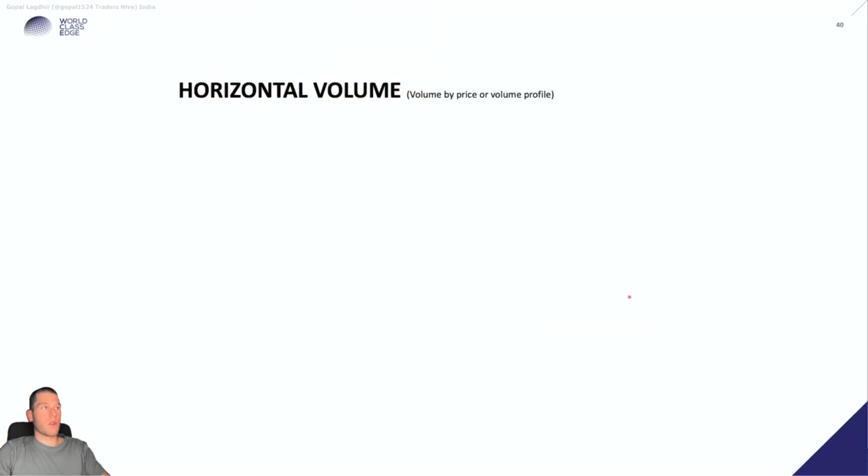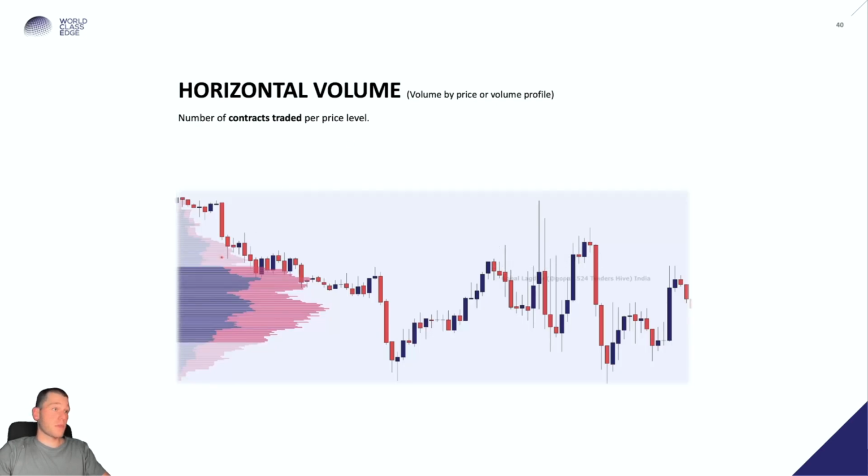But you also have horizontal volume, which is the one we use way more, which is volume by price, also called volume profile. It's the number of contracts traded at a specific price level. And you can see it here on the left. And now we will dive deeper into that. So we have the volume, we have different price levels.